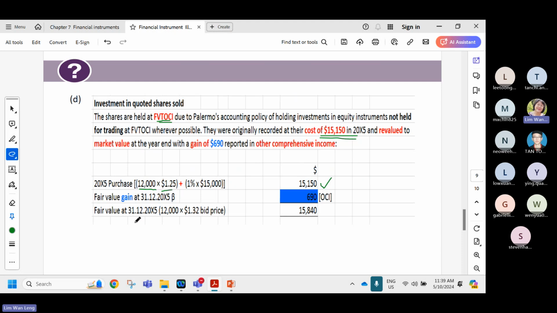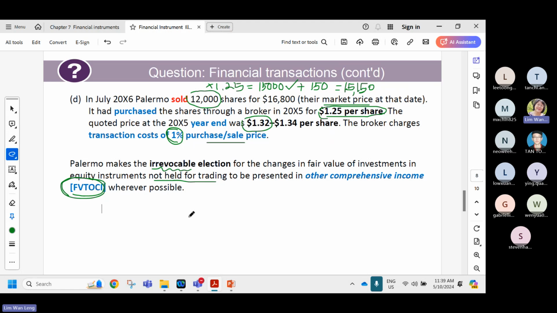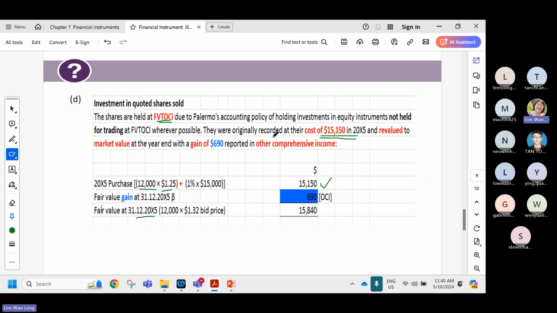And then at year end, which is 31st December 20X5, they tell you that the value of the quoted shares is at 1.32 per share. So you take this and times it by the 12,000 shares.